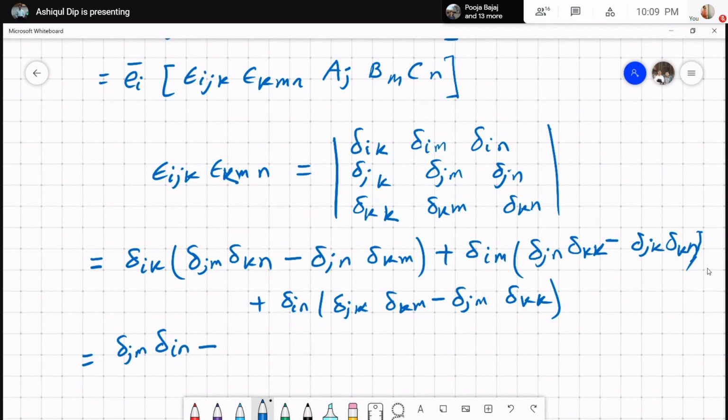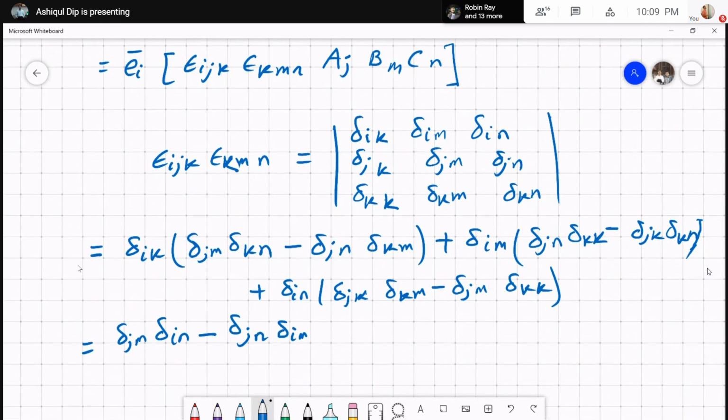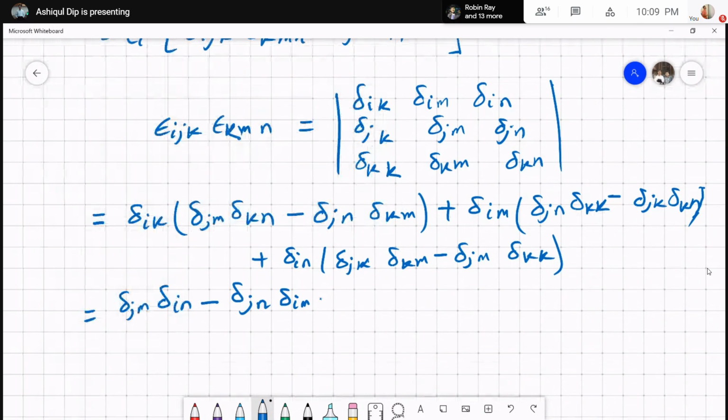Then minus delta jn and delta im. This will come in handy later. Then delta im, delta jn, but what about delta kk? How much is that? It's just 1. Really?